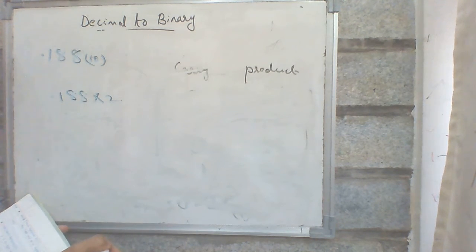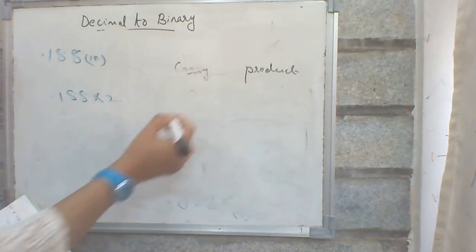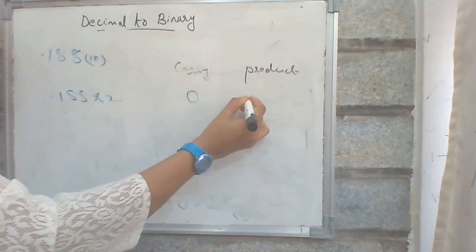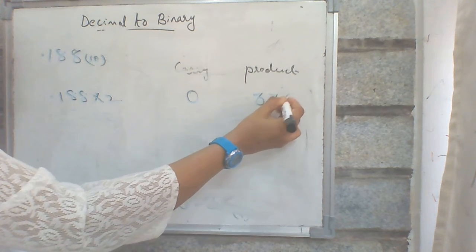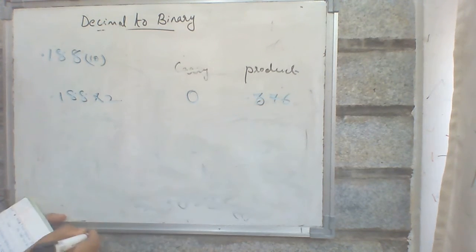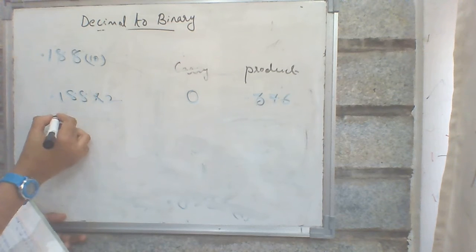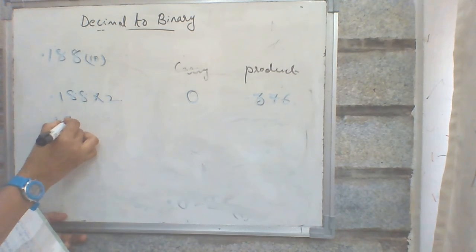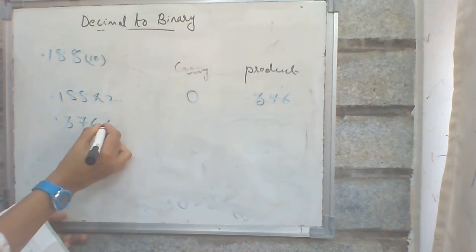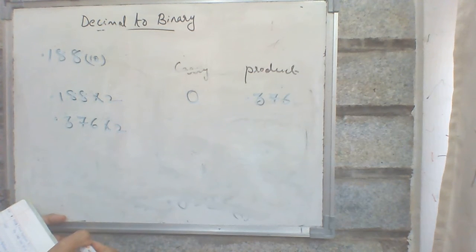The answer is 0.376. Then multiply 0.376 into 2. Okay, 0.376 into 2 is equal to 0.752.